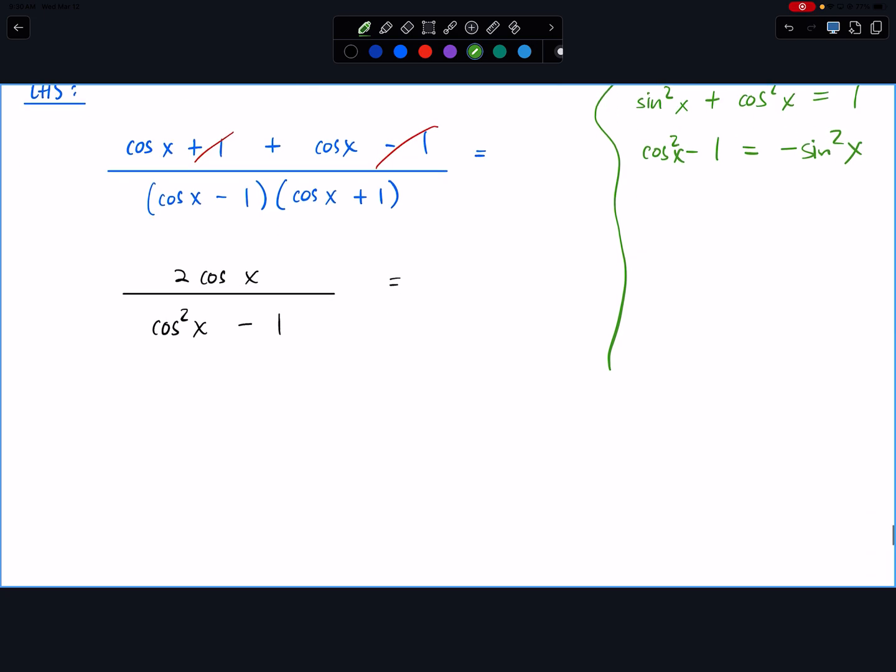So this becomes 2 cosine of x over negative sine squared x. Okay. And this is where a lot of you guys might get stuck. Okay? So, this is how you could show your work to work on both sides.